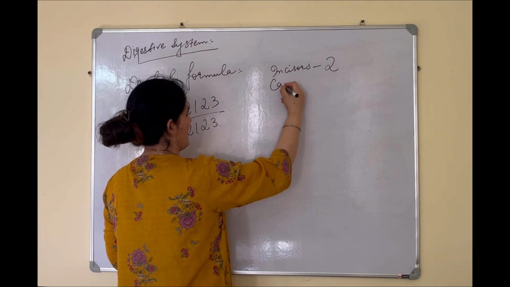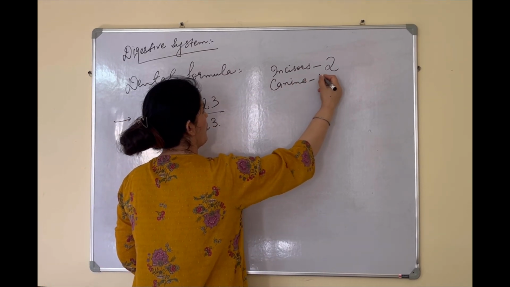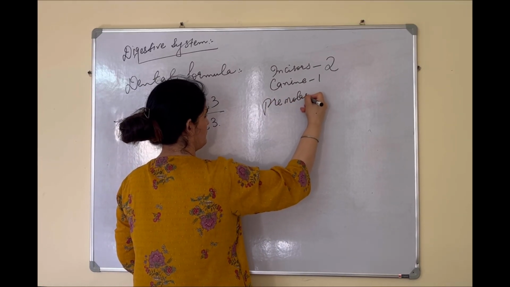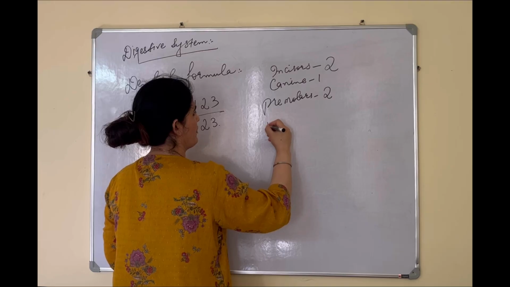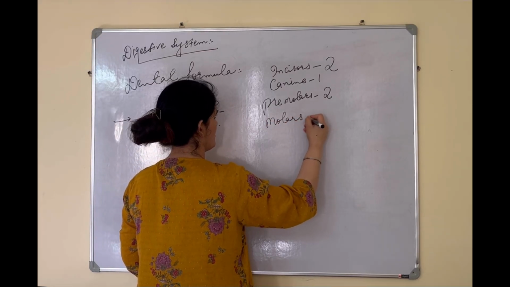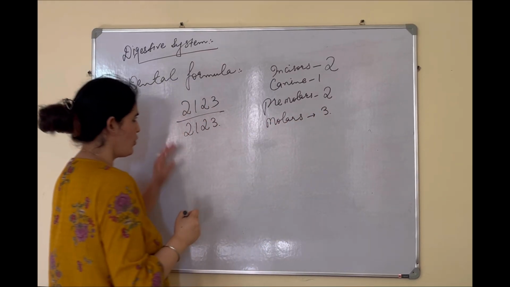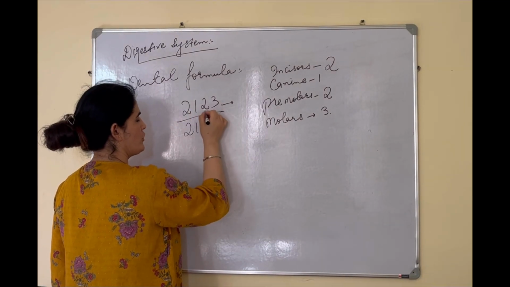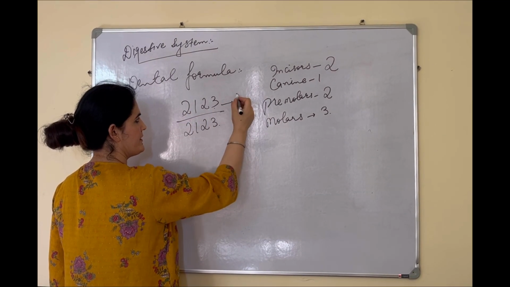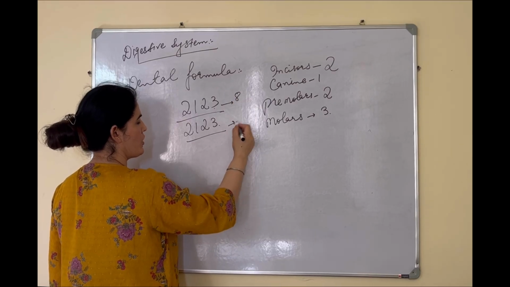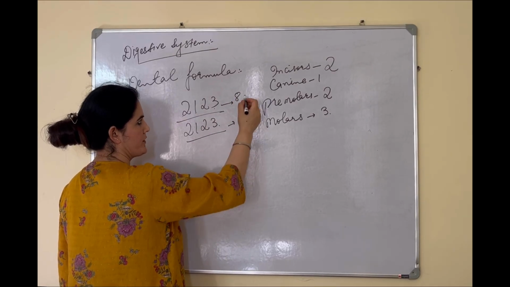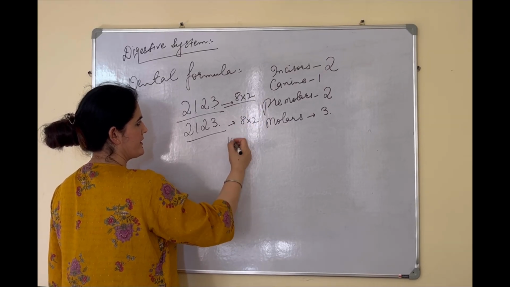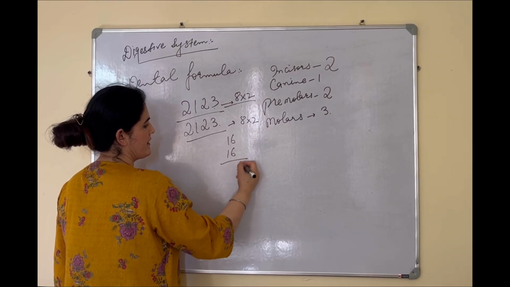And we have canine, one pair. We have premolars, two pairs, and we have molars, three pairs. So this 2123, you total it: 2 plus 1 is 3, 5, and this is 8, and this is also 8. We have two jaws, so 8 into 2 is 16, and 16, that is 32.